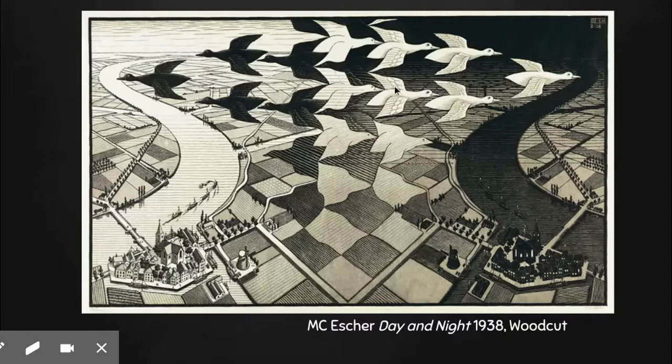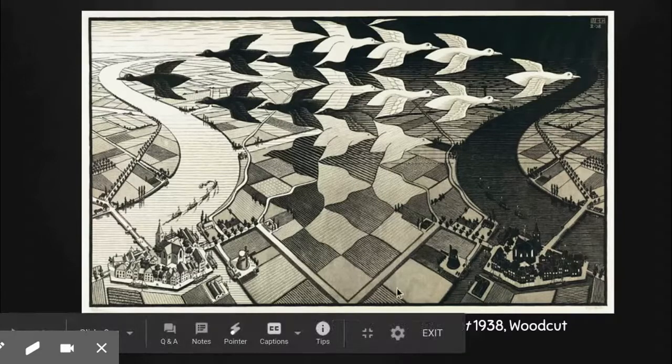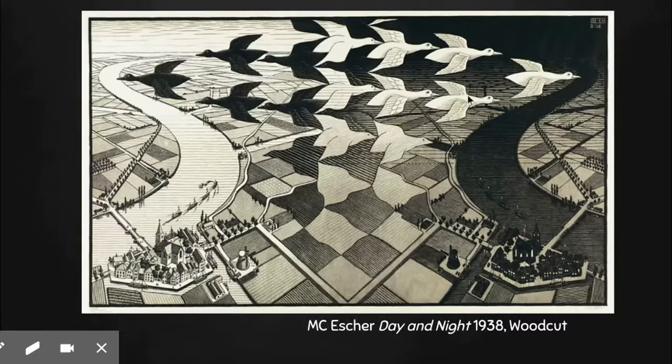Between the white birds, that negative space, there becomes a black bird. So it slowly changes from the pattern on the land, and then as it goes up, it turns into these two different birds, one bird going one way and another bird going the other way.